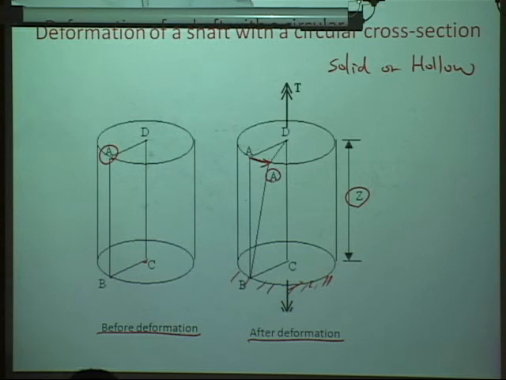And imagine that any point here or here moves into different positions, and these new positions make a straight line. Okay, this is the deformation observation, and it is very important. It seems very simple, but this will be the basis, the starting point for all the torsion theory.